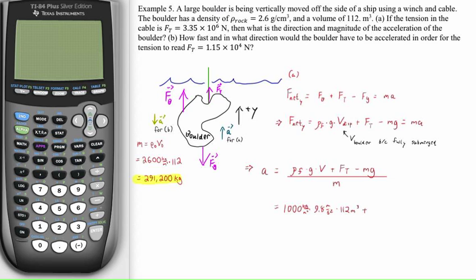And then we have our given value. It was 3.35 times 10 to the 6 newtons. And then minus the gravitational force, which is 2.91 times 10 to the 5 kilograms times 9.8 meters per second squared.